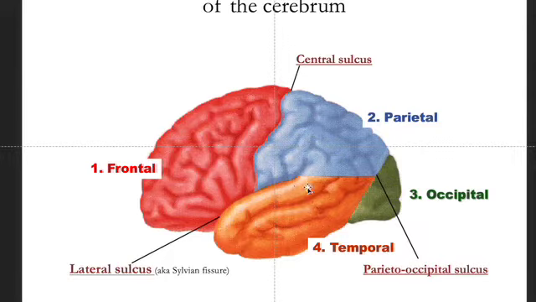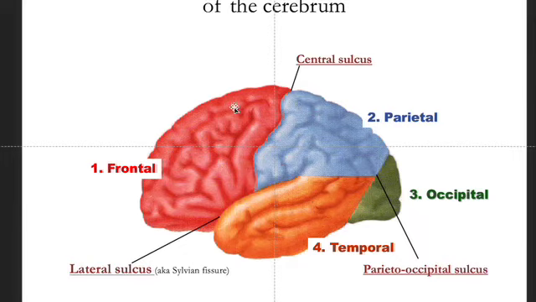All right, this is a lateral view of the left half of the cerebrum. This is anterior, this is posterior. So here behind the frontal bone, you have the frontal lobe separated from what's behind the parietal bone, the parietal lobe. It's separated by the central sulcus, a sulcus you're going to want to identify in lab.